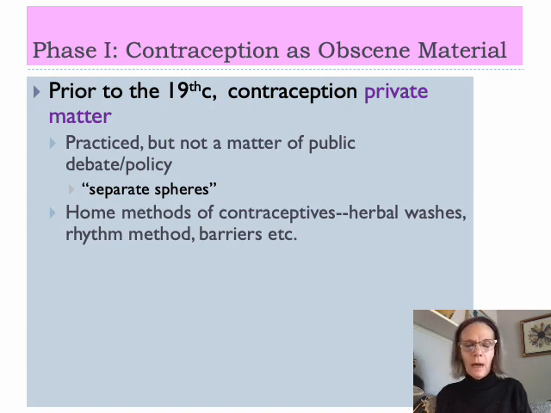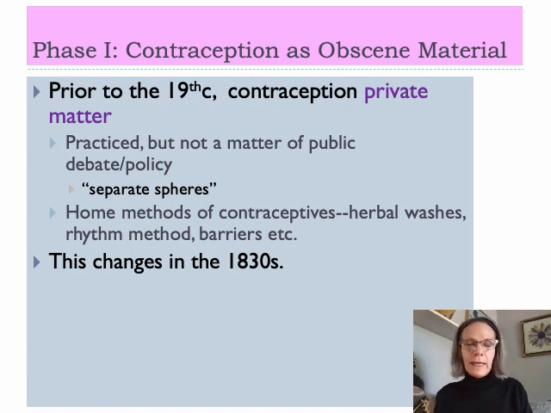There's a long history of home methods of contraception, whether that's herbal washes of the vaginal area after sex that would be seen as having a spermicidal impact, barriers, cotton wrapped in honey that would serve as a barrier to the cervix, the rhythm method, monitoring when people felt that they were fertile, or coitus interruptus, right? All of those were methods that were practiced, but clearly outside of the realm of public control.